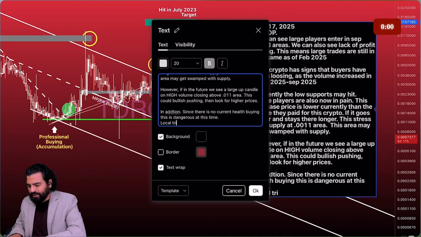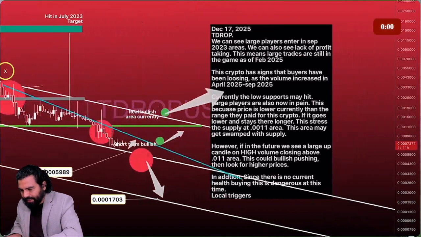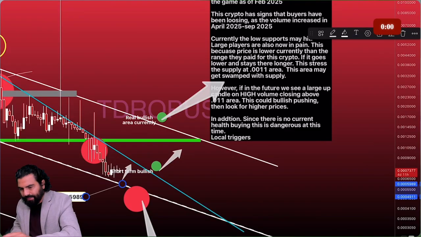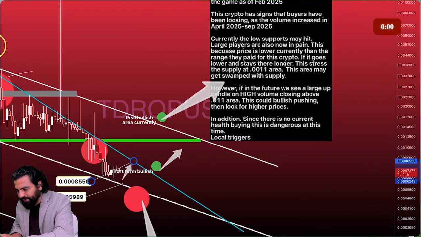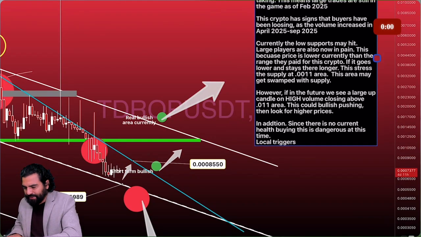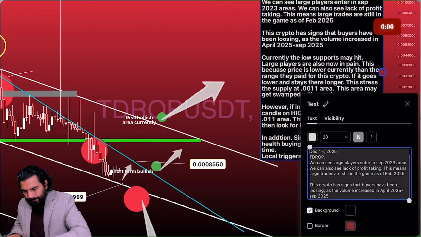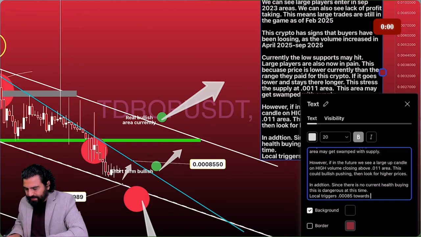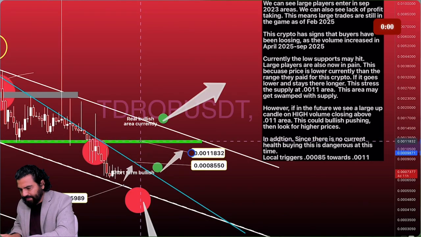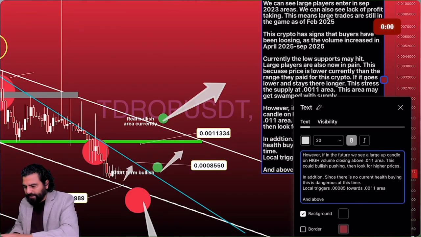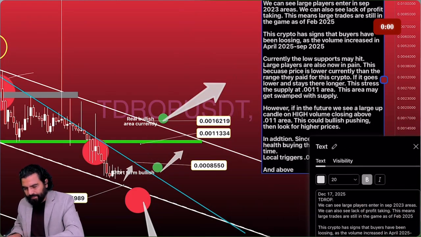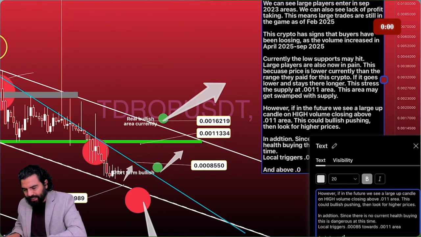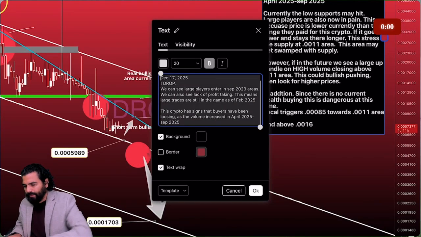Local health triggers, and the number is, so you guys can take bullish trades on this, generally above 0.0008, 0.00085 towards 0.0011, and above 0.0016. So that's when you guys are going to want to try to catch this crypto.